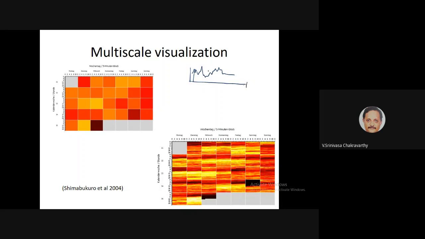Now, if I just plot that as one long graph of variation going from 0 to 365 days, it's very hard to make out, especially if I have data at the scale of even minutes within a given day. It's very hard to tell what is the variation happening within a day, and what is the variation happening over months or over weeks.